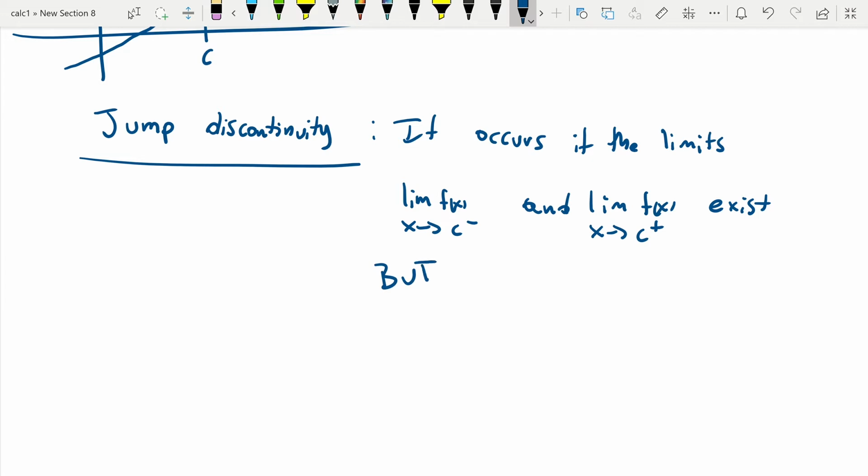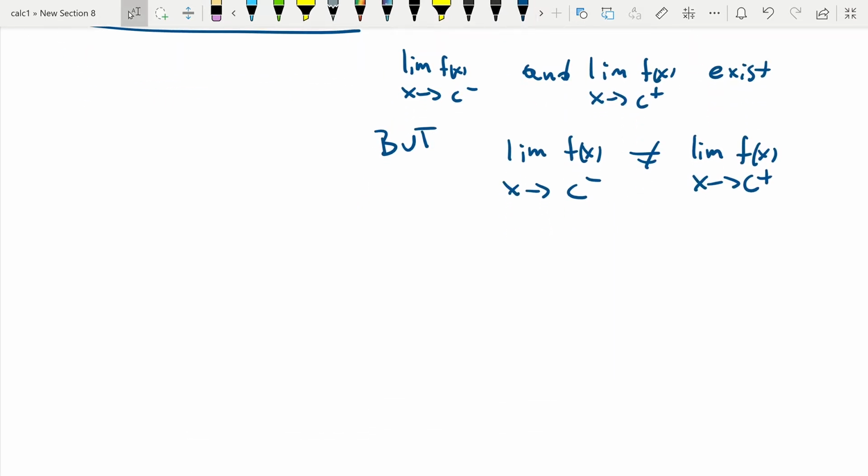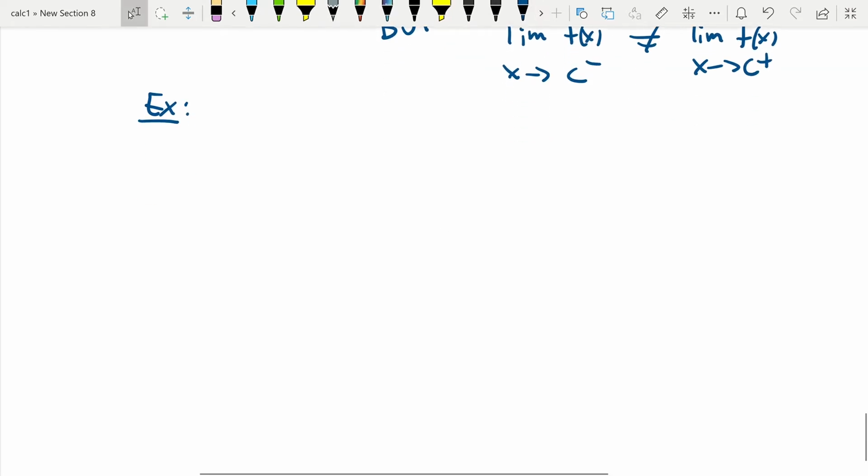But, and here's a big but, these limits do not agree with each other. So in particular, the limit doesn't exist. We will look at some examples of graphs where this happens.